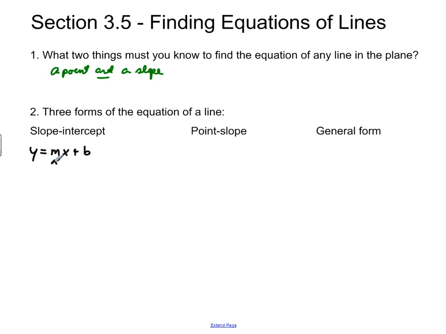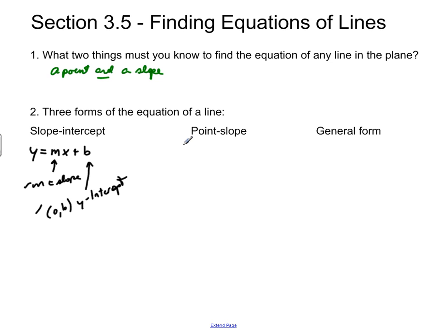In this form of the equation of a line, m is the slope, and we find that b is the location of our y coordinate of the y-intercept. So in fact, we have a slope and a point. So we have all that information, right? And even if we don't have that particular information, sometimes you can get it in other forms too.